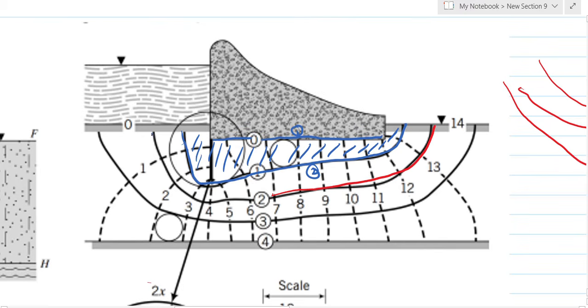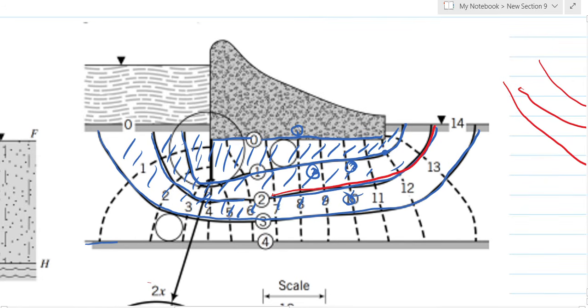Then this line also is a flow line or a flow path. Now between 2 and 3, we have a channel. So this is also another flow channel, right? This is also a flow line or a flow path, and it creates another flow channel here.